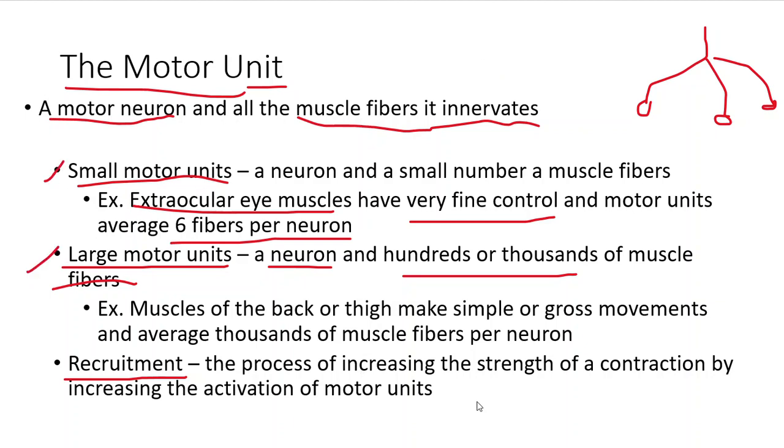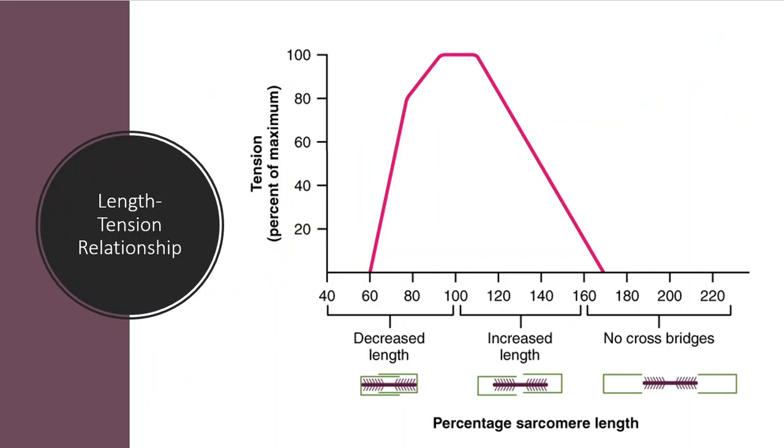But recruitment is where if you reach out to do something and find out that the amount of force you're exerting is not enough, you can call on additional motor units by getting more and more of the muscle cells involved until you have enough to affect the action that you're attempting to do. Okay.